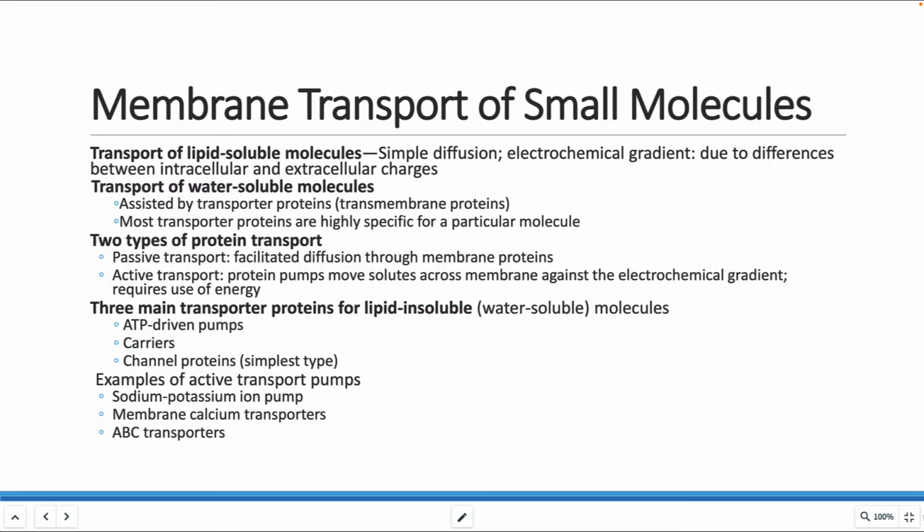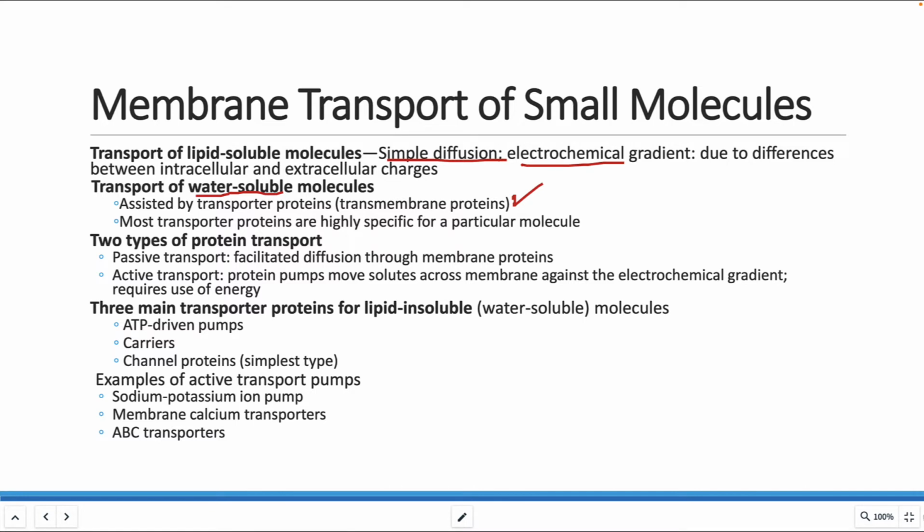There are other ways that transport of small molecules can happen. One of them is the transport of lipid-soluble molecules through simple diffusion. It could also be through an electrochemical gradient. There can be transport of water-soluble molecules that go through some transmembrane protein, and we'll talk about those in a bit.